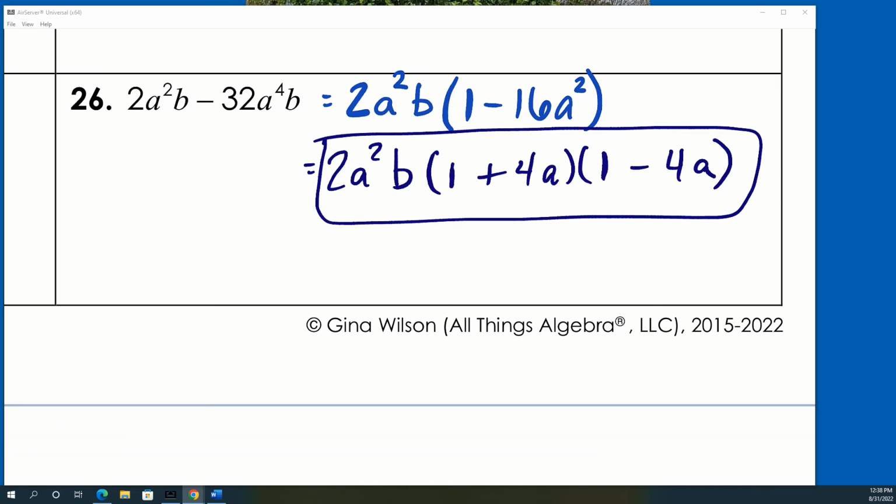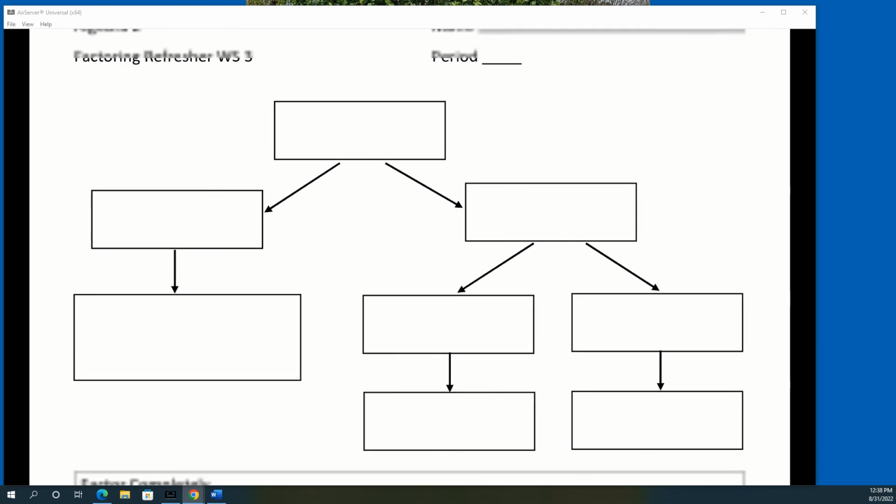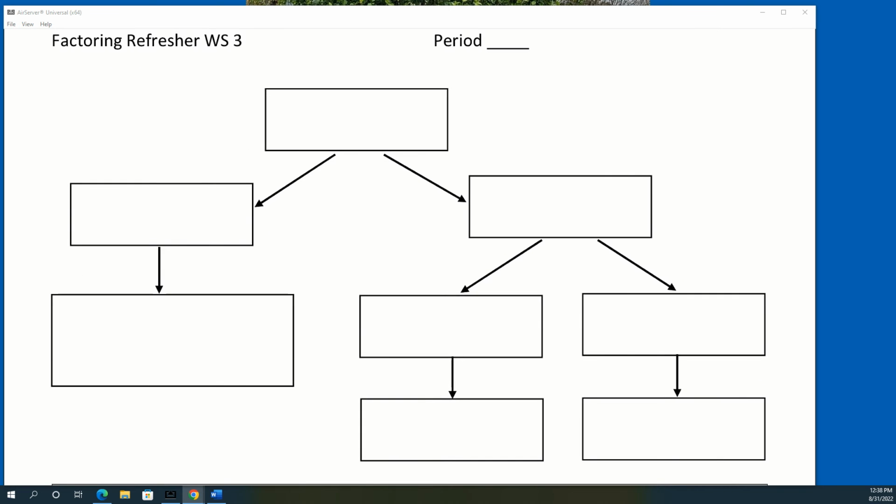All right. What questions do you guys have? Okay, I'm going to hand out your homework, and we're going to fill out this little chart together. So hold on just a second.